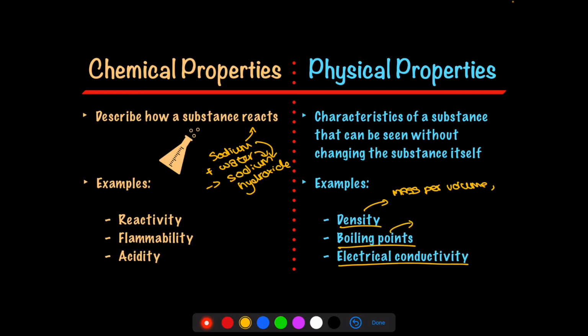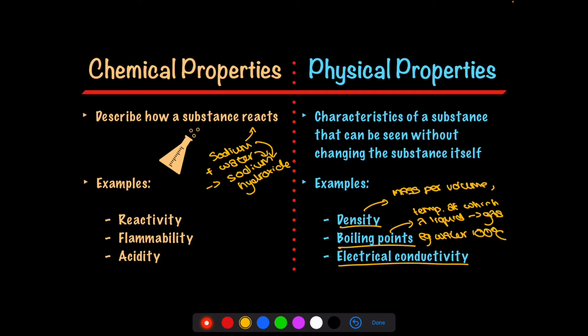Boiling points, the temperature at which a liquid transitions, liquid goes into a gas basically. For example, for water, you would have 100 degrees Celsius. That would be the boiling point of water. Take electrical conductivity.